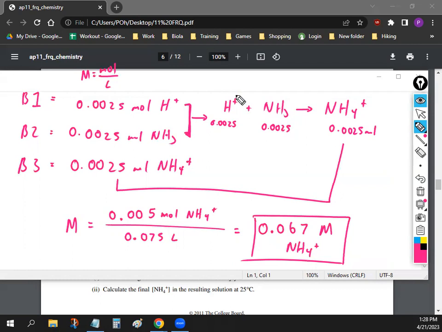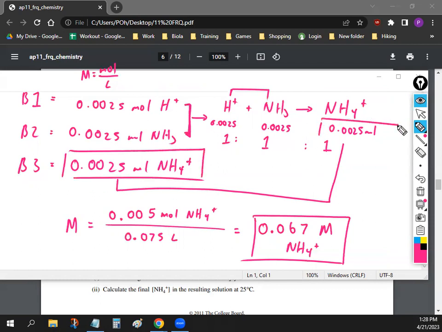If you combine them together, you make NH4 plus. Since it's a 1-to-1 ratio, you're going to make the same amount of this. So that's why 0.0025. And then beaker 3 already had NH4 plus. You just made this much NH4 plus. So if you put them together, that's where the 0.005 comes from. That's correct. Yeah, makes sense.